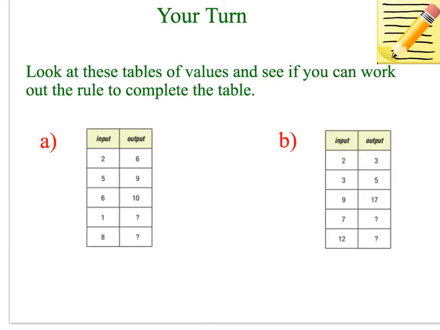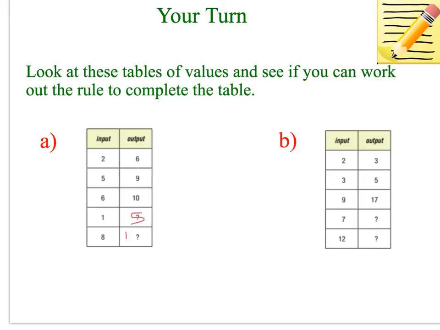Okay, so in the first one, I have seen that each number is adding 4. It's adding 4 to each number, so 2 plus 4 is 6, 5 plus 4 is 9, 6 plus 4 is 10. So therefore I know that if there's only 1, then 1 plus 4 is 5, so this should be 5.